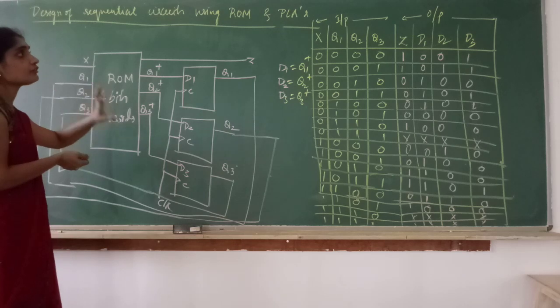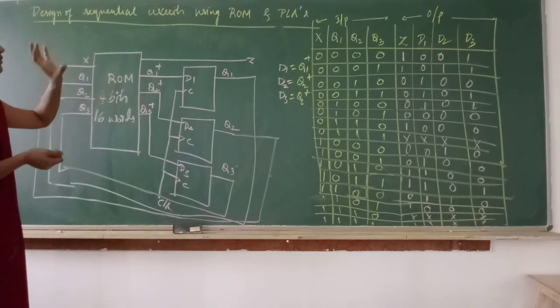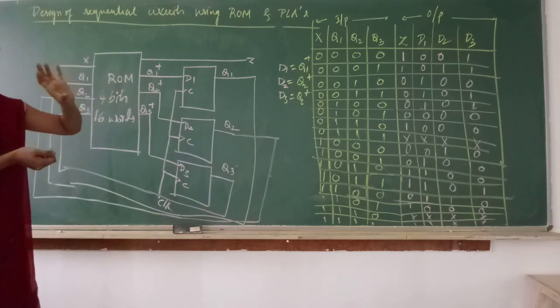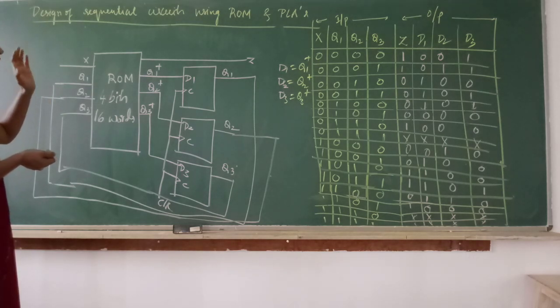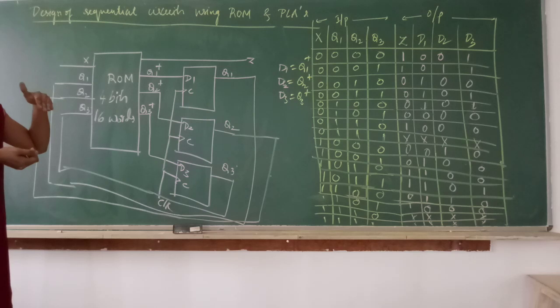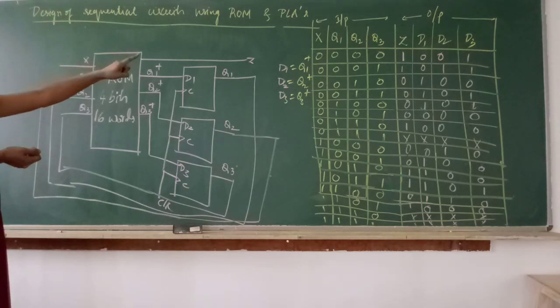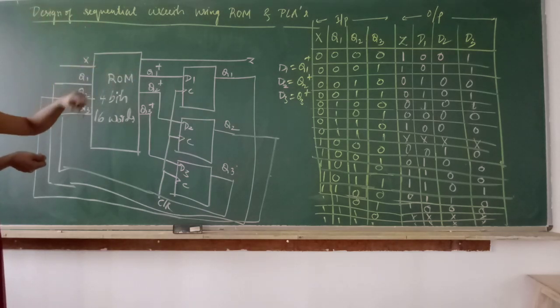So we have to follow the guidelines of state assignment like we did for the code converter. Straight binary assignment will not be done to implement it using PLA. So let us take the same state assignment table we made for the code converter.